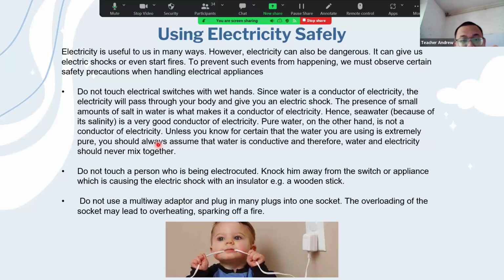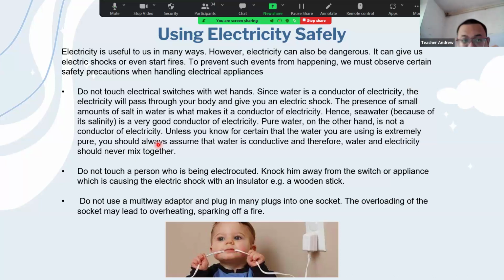Unless, students, you know that the water you are touching is very pure, it's best to say do not touch any electrical power switch if your hands are wet, because you should not assume that the water you touch is very pure. Therefore, we must always think that water is conductive, and therefore water and electricity should never mix together.